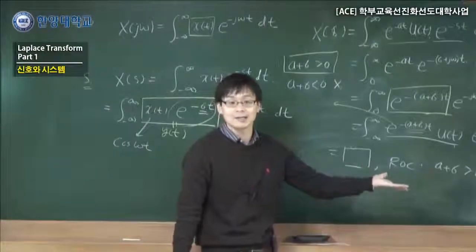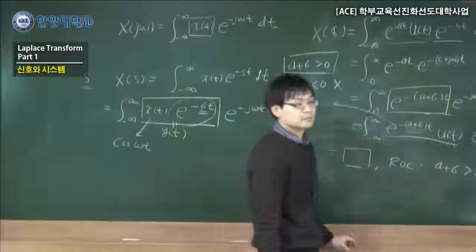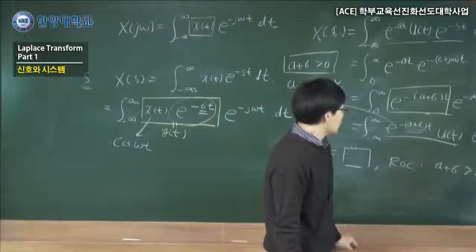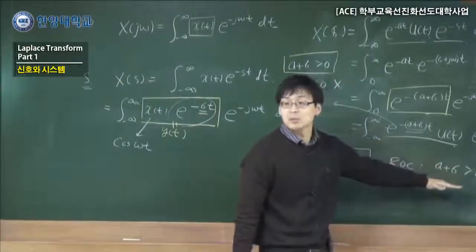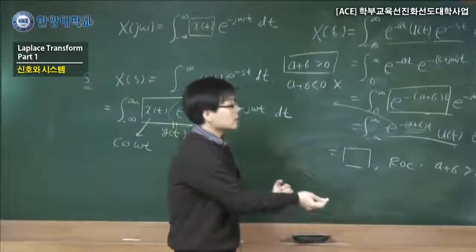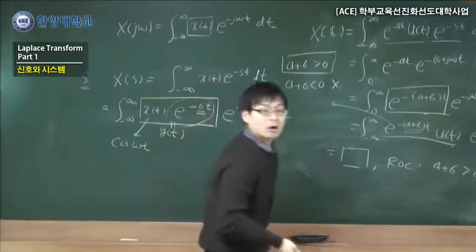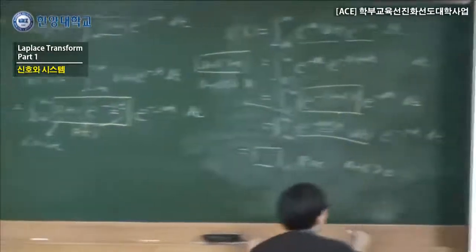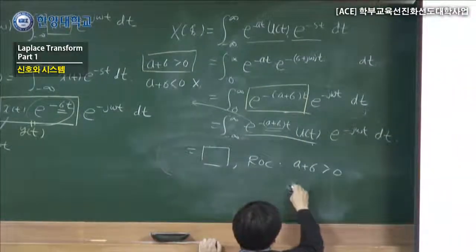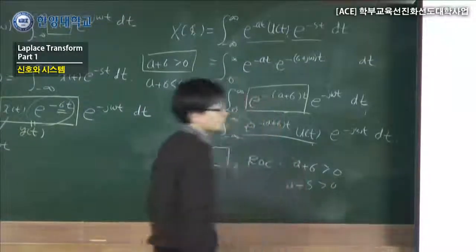Of course, not in this form. We try to make this a more general form. Is there any obstacle? If we just write it as A plus S is larger than 0.